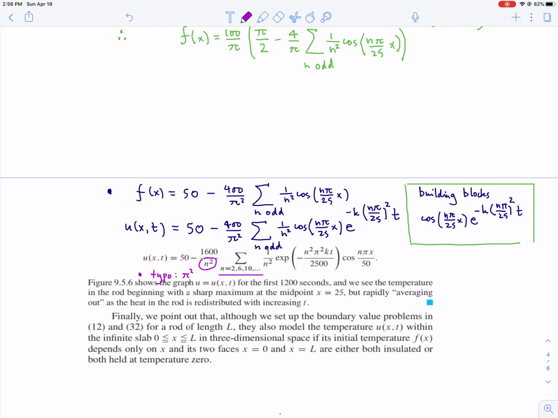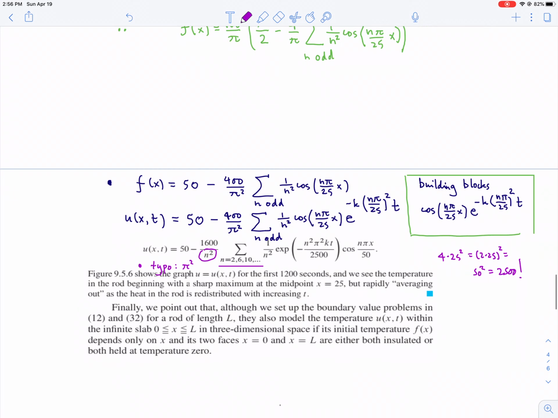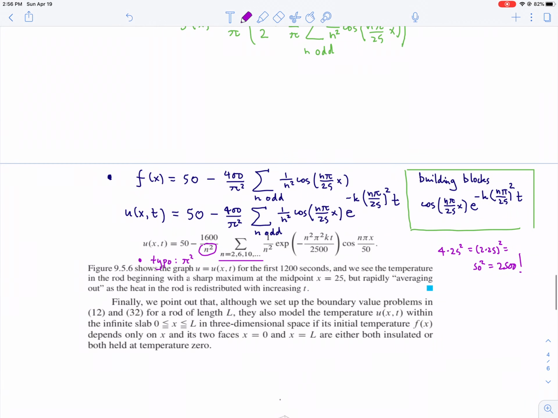I have 25 squared, and 4 times 25 squared is 2 times 25 squared is 50 squared is 2500. Yeah, okay, so I don't know if you followed it, but actually our formulas agree, and the way we wrote it is much nicer than the way the book wrote it, and they had their typo.